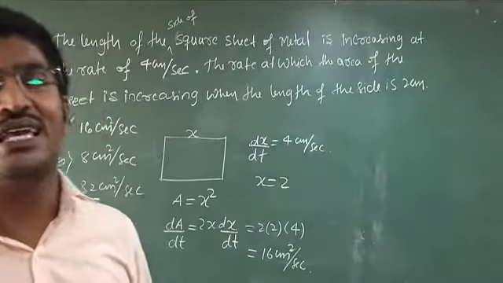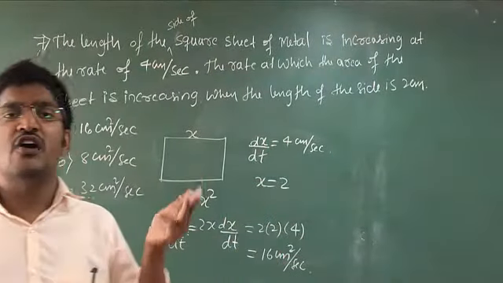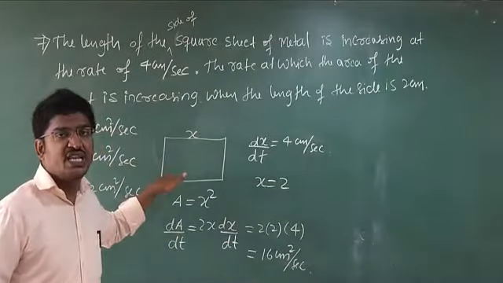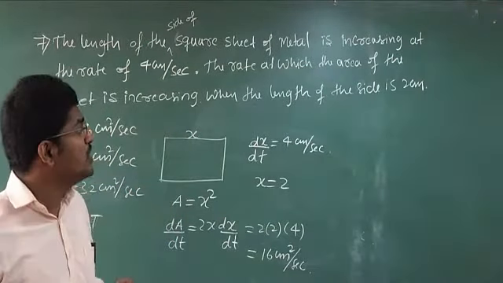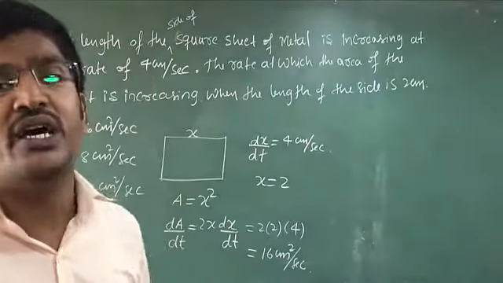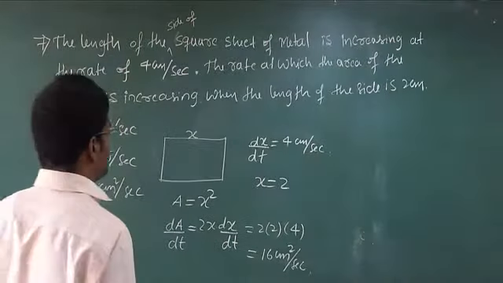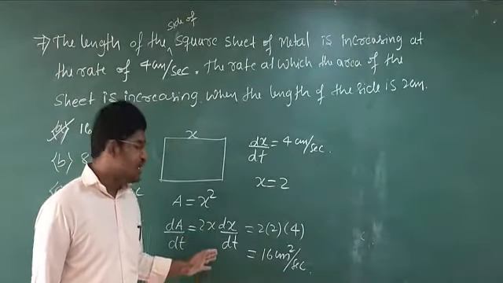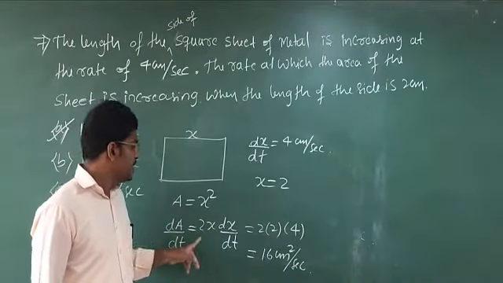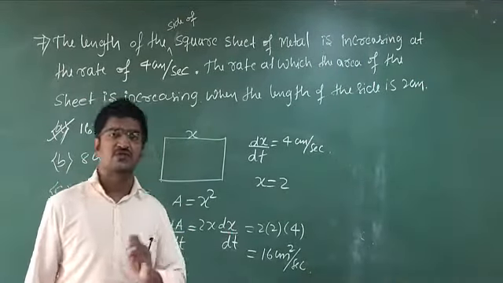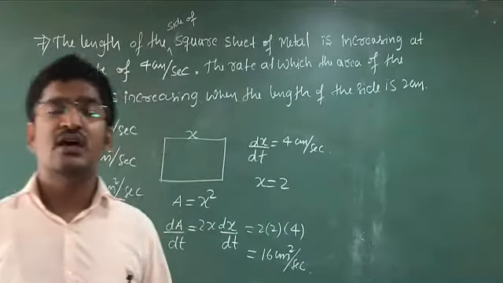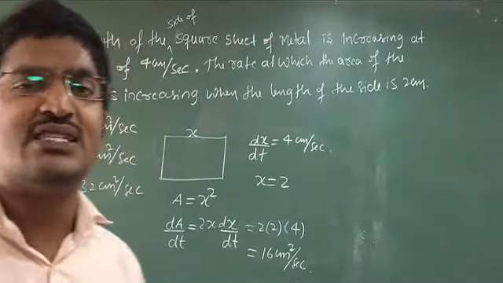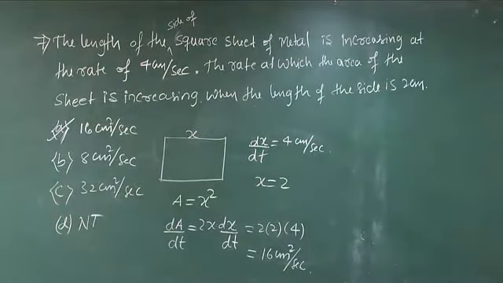That means you have to calculate rate of change of area of the square sheet whenever x is equal to 2 centimeters. So that's why your answer will be dA by dt, 2x into dx by dt, rate of change of area. X is 2, dx by dt is 4. So answer will be 16 centimeter square per second. That is your answer. It is option A.